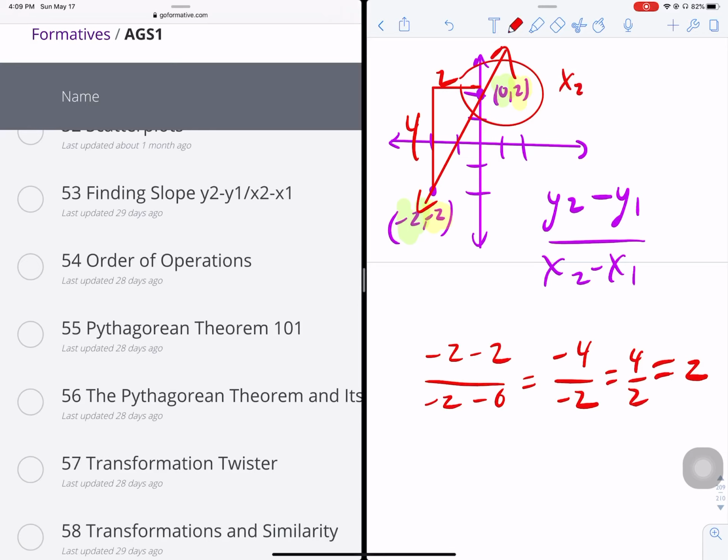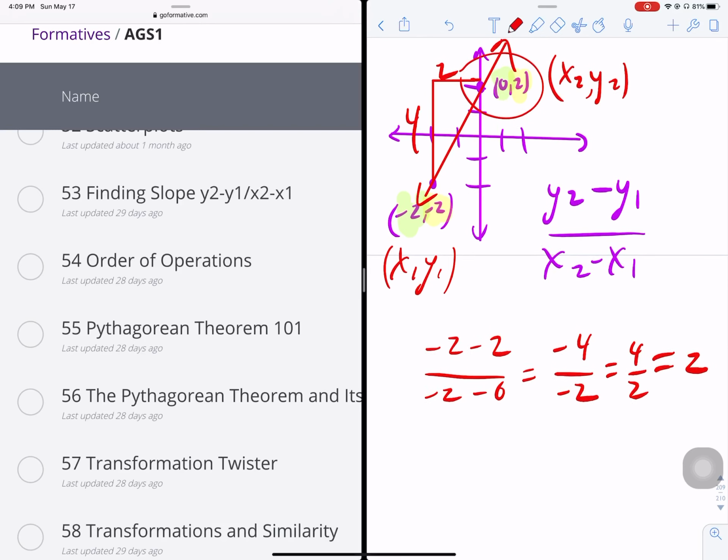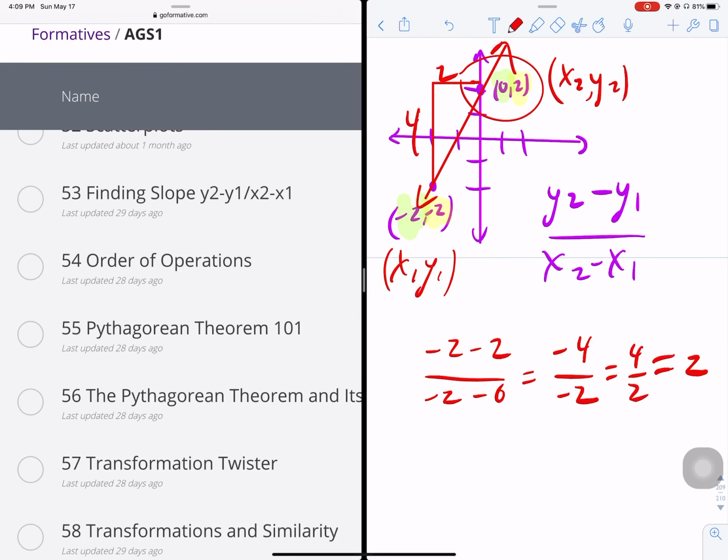This is going to be x2, y2, and this is going to be x1, y1. No matter which way you choose, you should still get the same slope, assuming your math is correct. So it's going to be 2 take away a negative 2 over 0 minus a negative 2. But those are going to all cancel out, and you end up with 4 over 2, which is just 2.